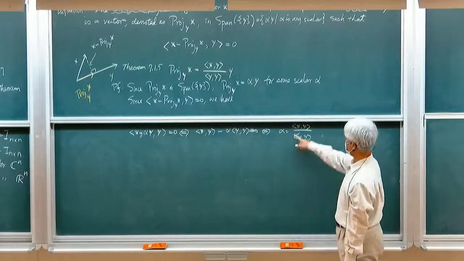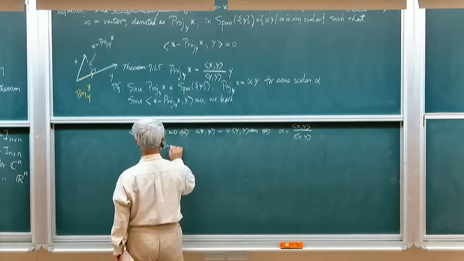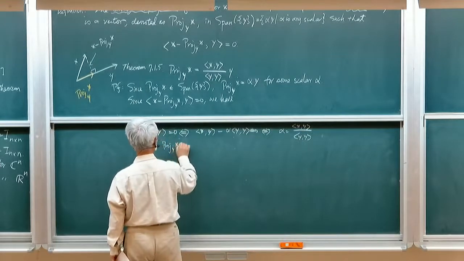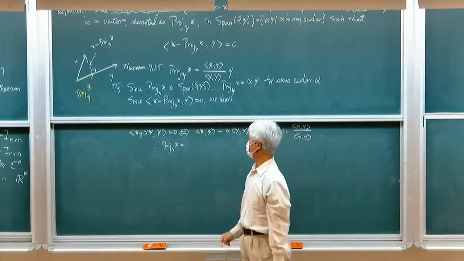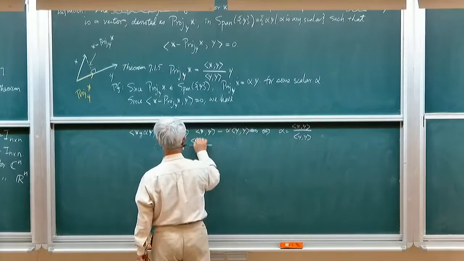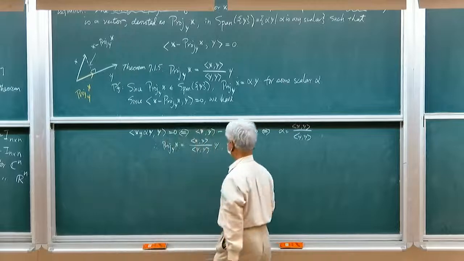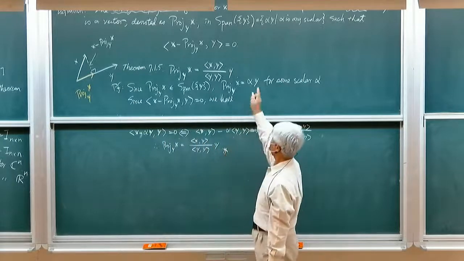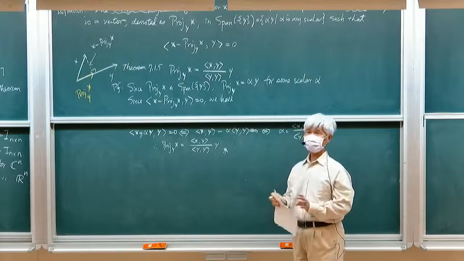So immediately we find alpha. So the orthogonal projection of x onto the non-zero vector y is equal to this vector, as we specified there. Questions?